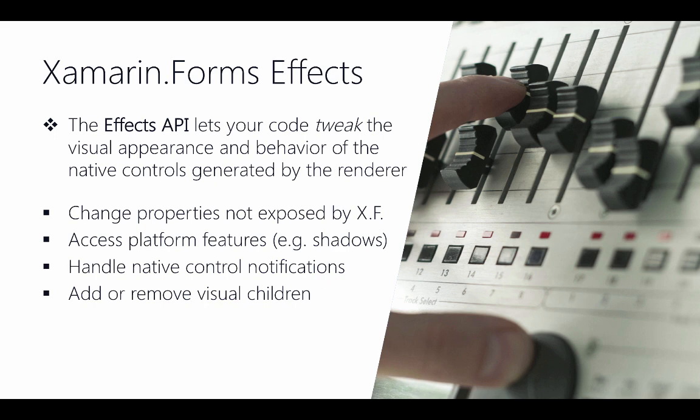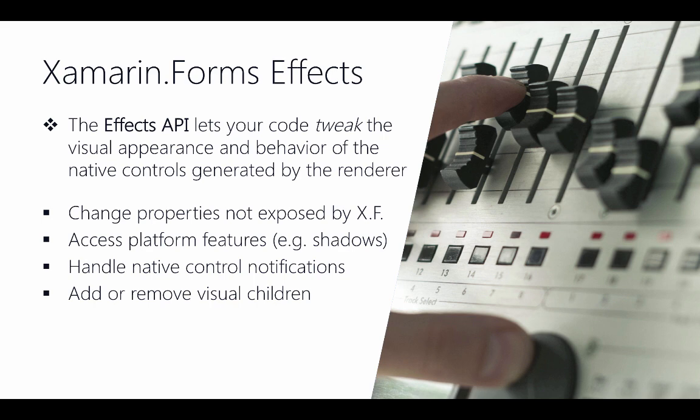It allows you to attach to the native control and the renderer to make changes to the control's visual properties. And it can be applied to individual elements or to groups of elements with Xamarin.Forms styles. Now, you'll most commonly use it to adjust visual things, but it's actually a really capable, really powerful set of APIs.